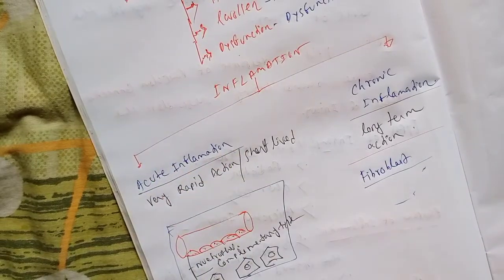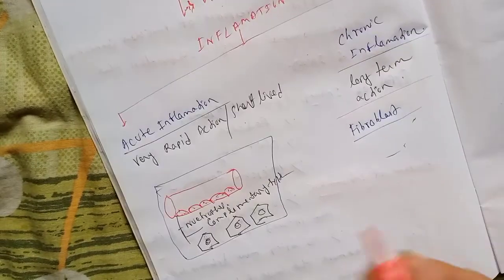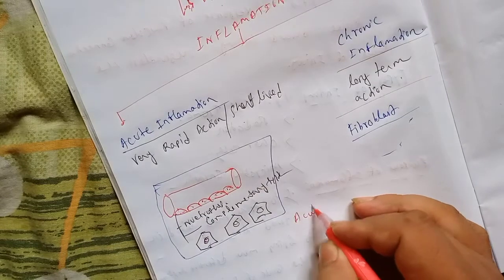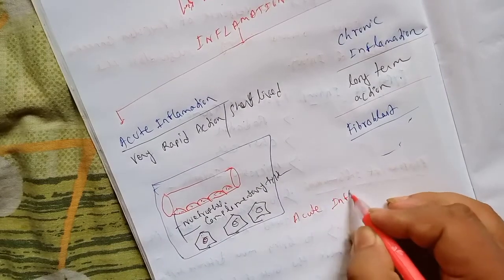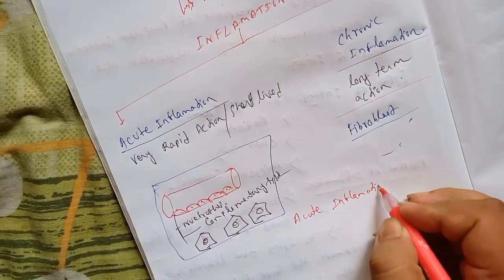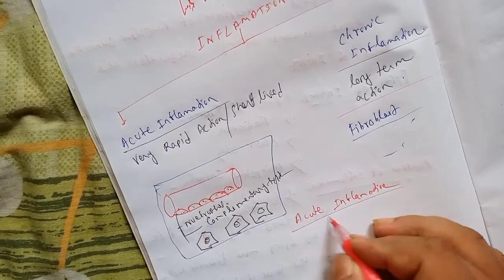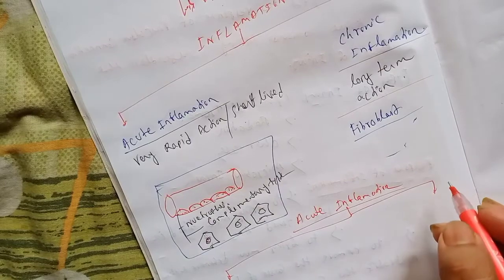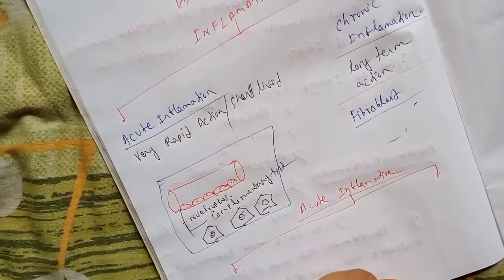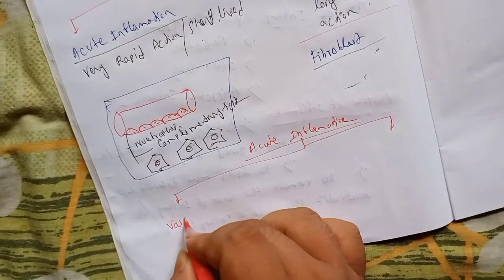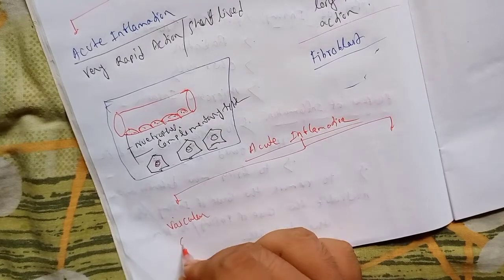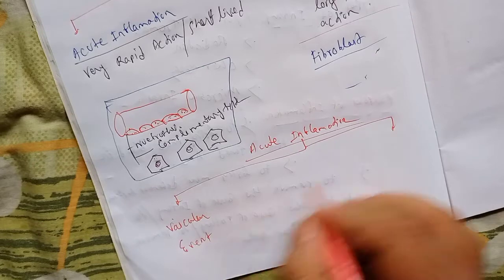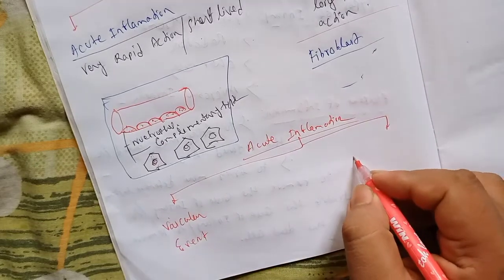Now in acute inflammation there are two events we can say. One is vascular event and another is cellular event.